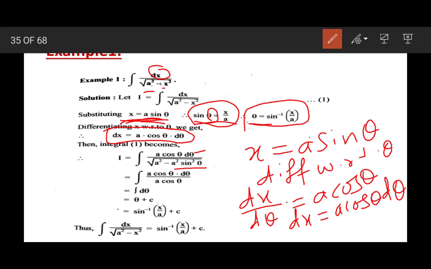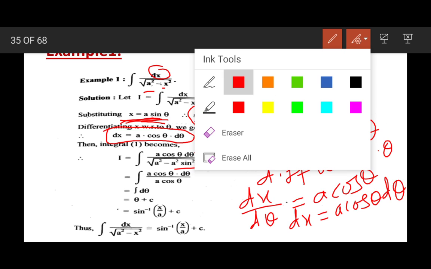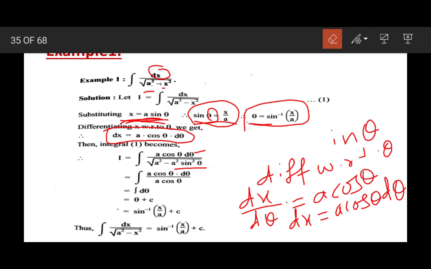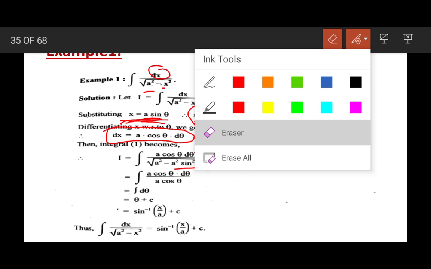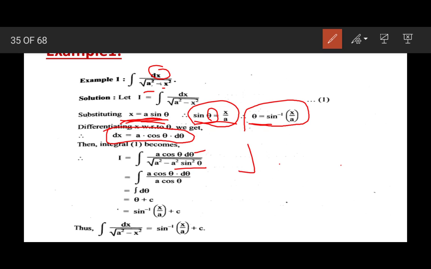Okay, now this denominator part, just wait, let me clear the screen. Okay, now see, the denominator is under root of a square minus a square sin square theta.